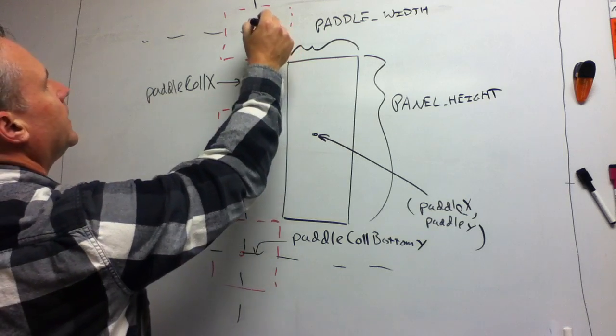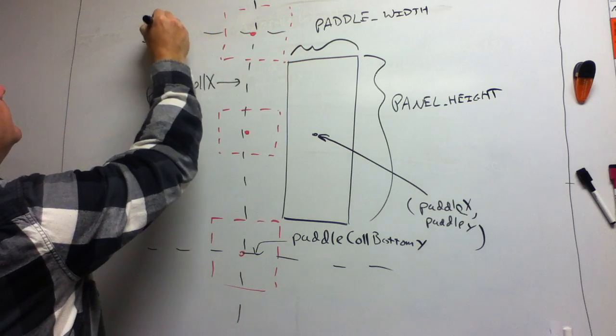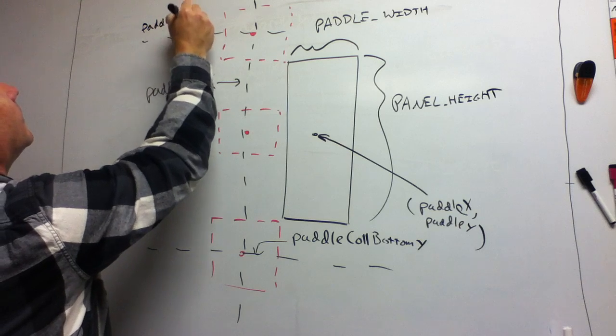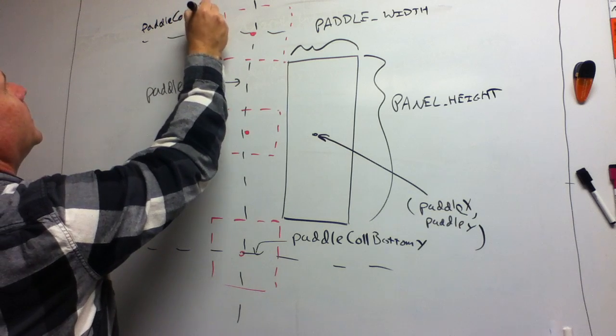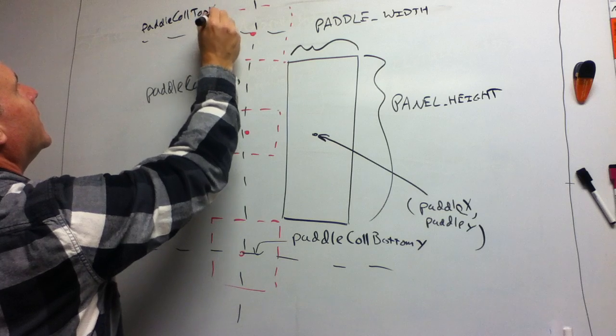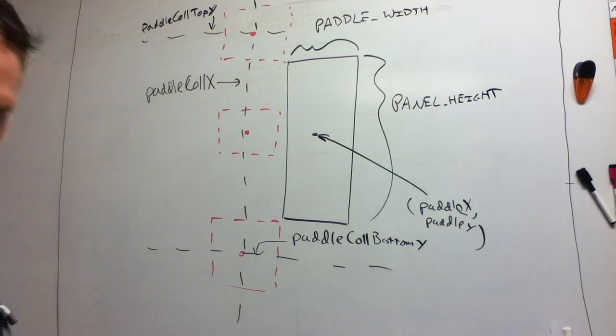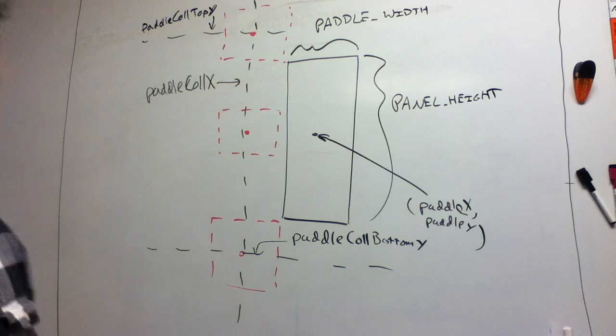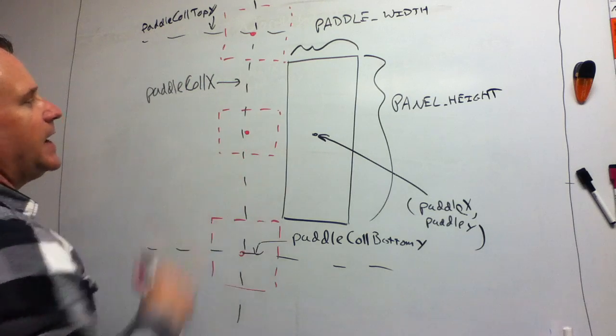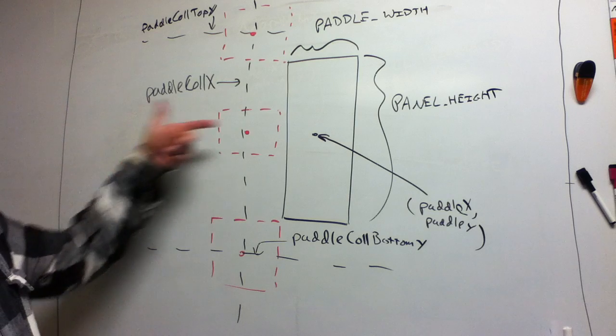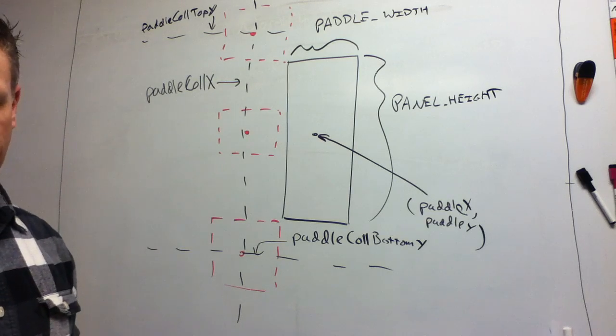And similarly up here, paddle top y. That's the coordinate for that spot up there. So again, what those imaginary lines do is let us determine whether the ball hits the paddle or not before it actually goes inside the paddle.